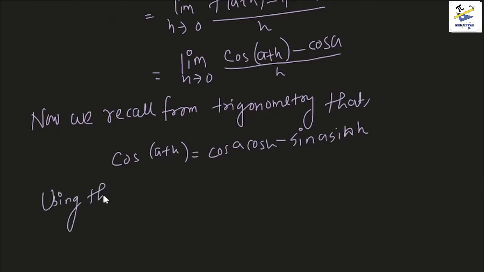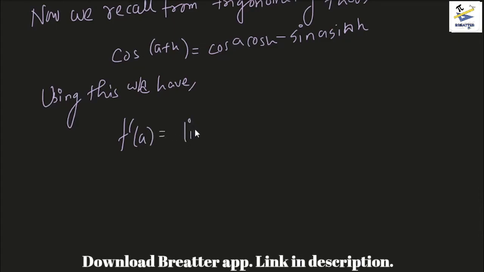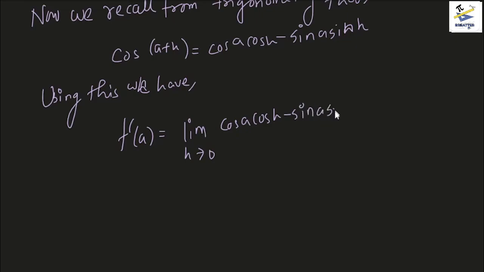Using this, we have f dash A equals to limit h tends to 0 cos of A cos of h minus sin of A sin of h minus cos of A divided by h.